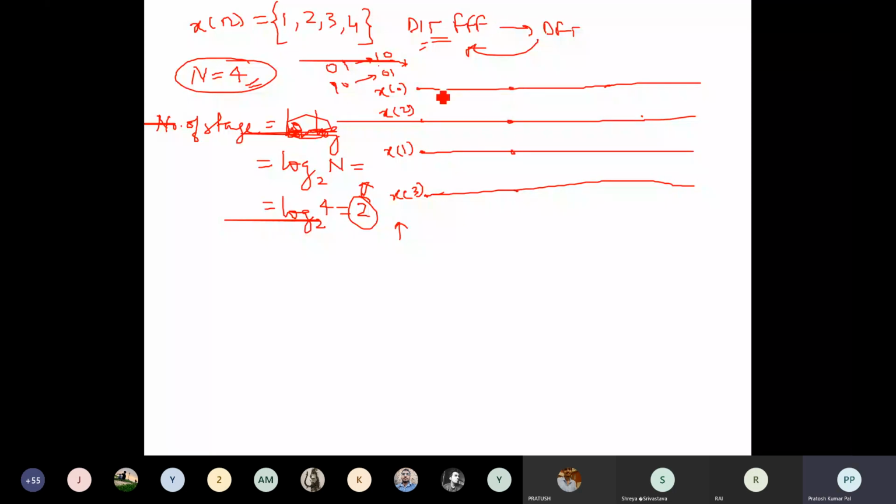So this is the first stage output. In this case, this shows you the first stage, that is A0. This is A0, this is B0. Similarly, in this case a negative sign is there.